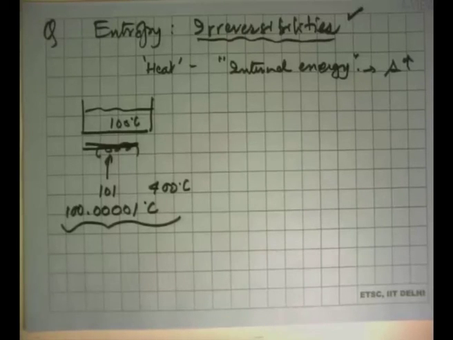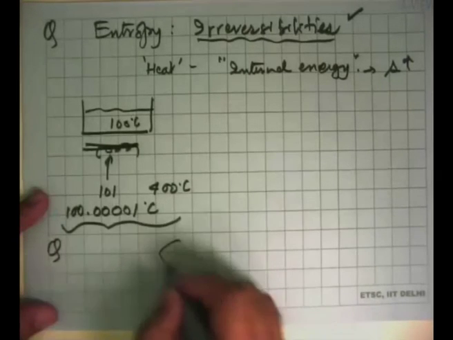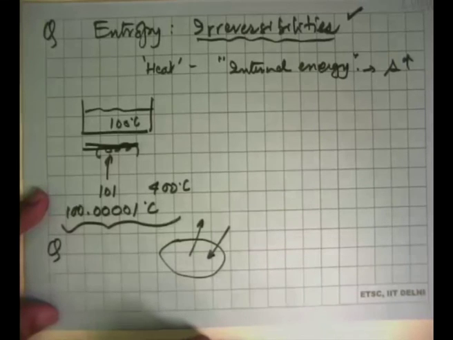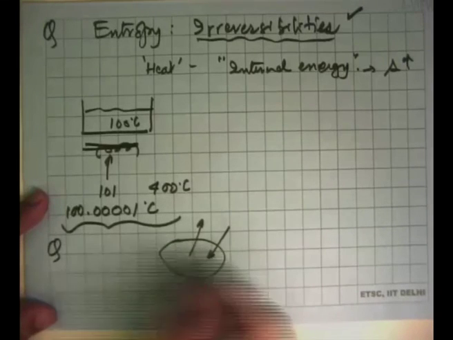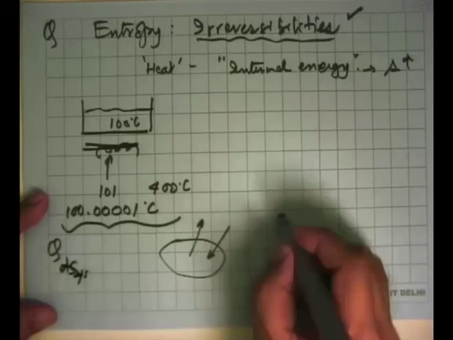Okay, entropy of the universe is increasing. What does it imply? Well, we said that this is the system, this is the surrounding, and if there was a heat transfer this way or that way, we calculated the entropy change of the system, ds of the system.